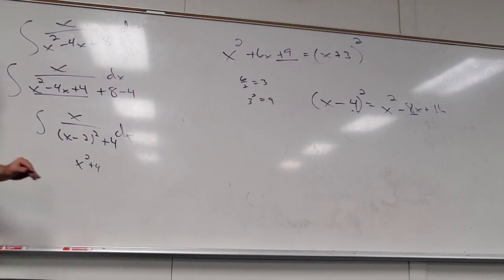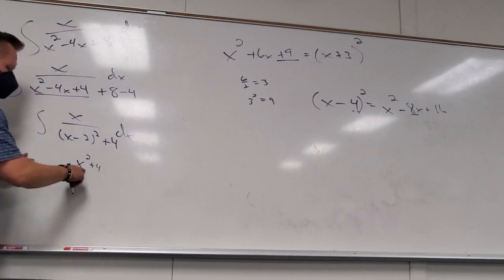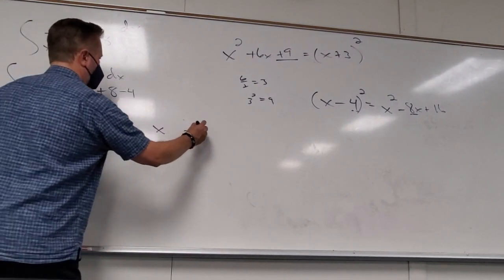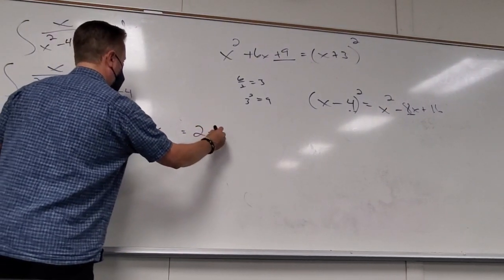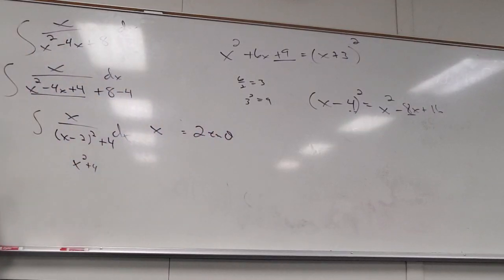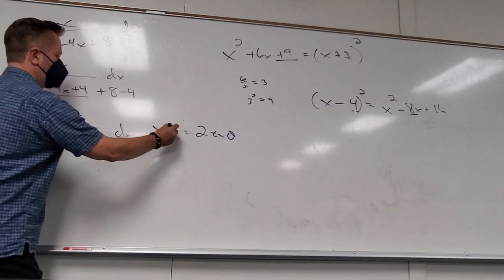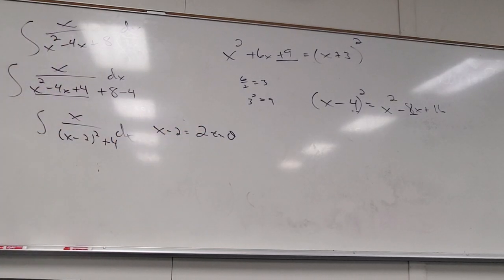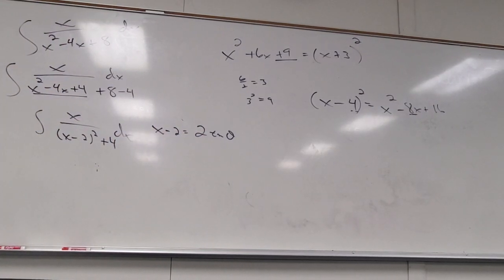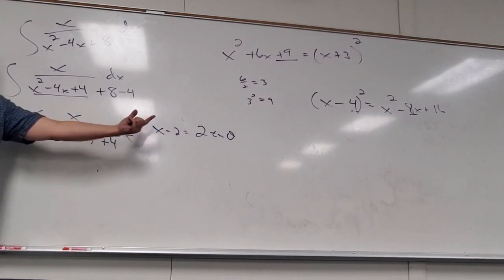If it was this, I would let x equal 2 tangent. But it's not that, it's this. So I'm going to let x minus 2 equal 2 tangent theta.